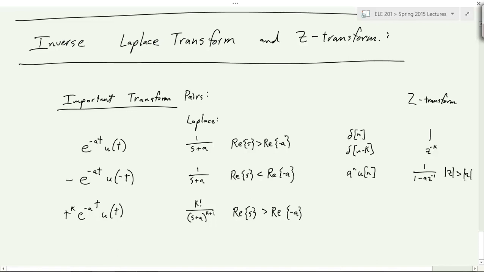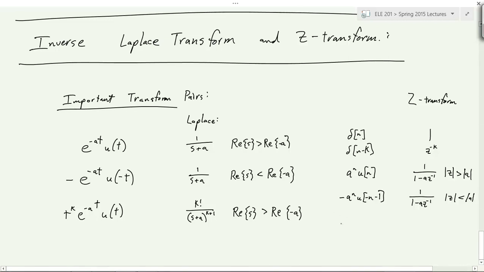Okay. I'll give you the complementary one, the one that's not causal. That's this one. And it's the same formula, but it's got the opposite region of convergence. Again, not something we'll really care for much if we're doing real-time control. And then lastly, what you need to know is if you have a polynomial in n.